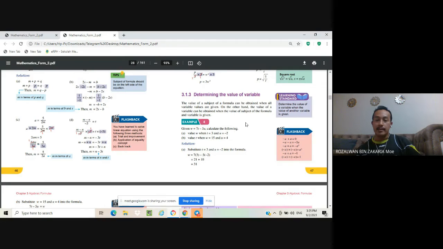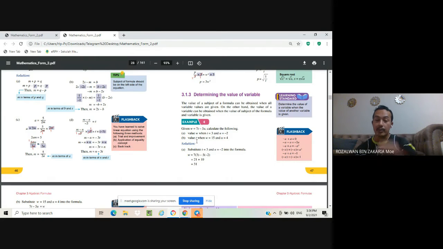Now look at this example 4. Given W equals 7T minus 5U, calculate the following. A, the value of W when T equals 3 and U equals minus 2. And B, the value of T when W equals 15 and U equals 4.